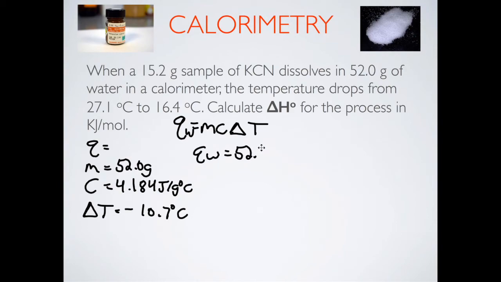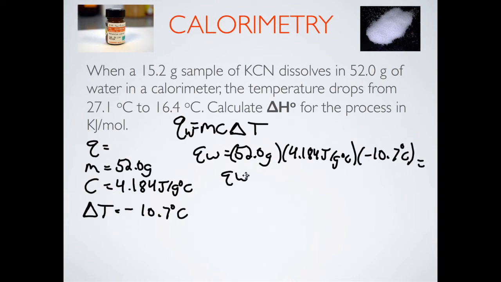I have 52.0 grams times the specific heat of 4.184 joules per gram degrees Celsius. We're multiplying by negative 10.7 degrees Celsius. Here, QW ends up being negative 2330 joules.